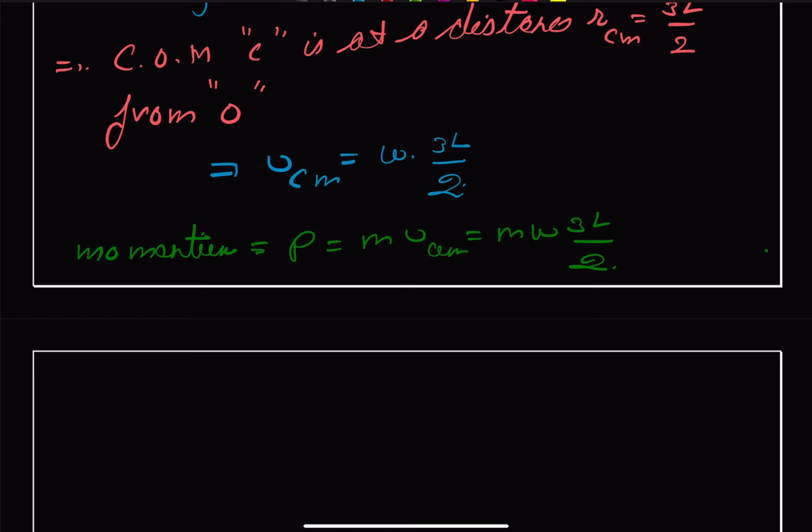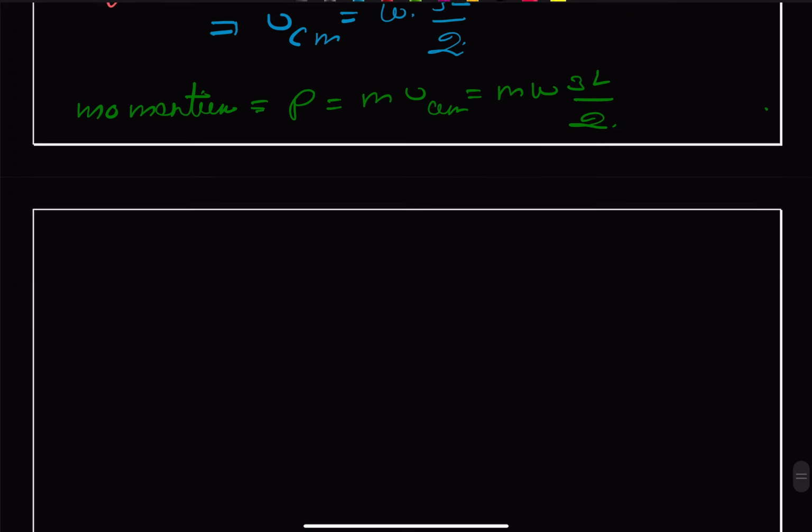And from here we can write that our omega will be equal to 2 times momentum P divided by 3ml.